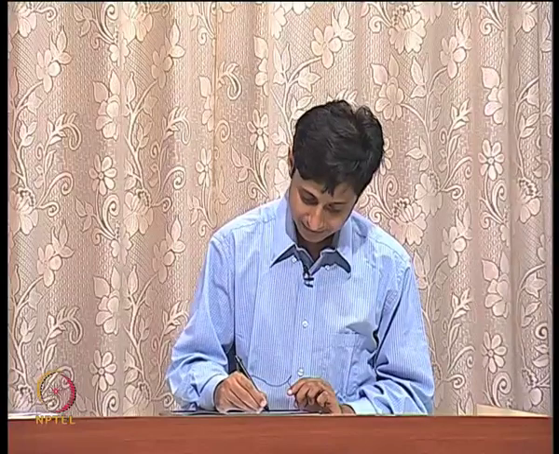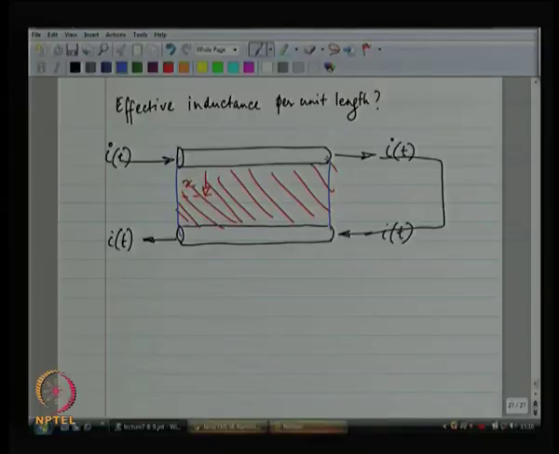Now, you think of a loop that looks like this. You know the total amount of flux through that loop. So, the rate of change of flux is going to give you the potential, the back EMF that is developed, right. So, what is the magnetic field at a distance x from a wire that is carrying a current I?